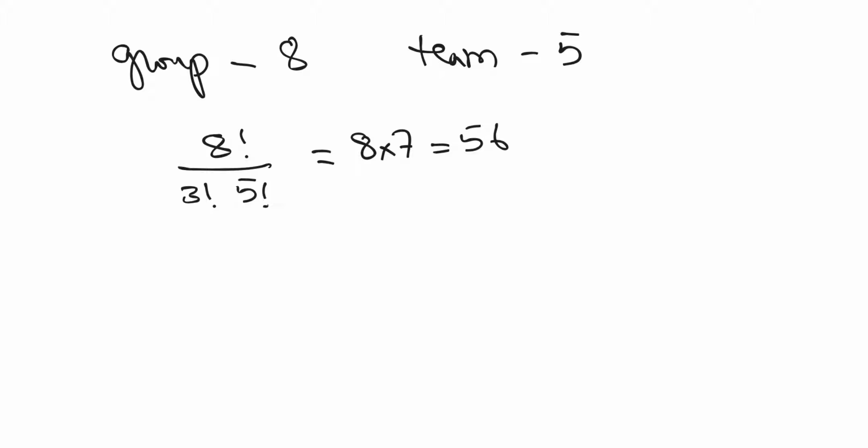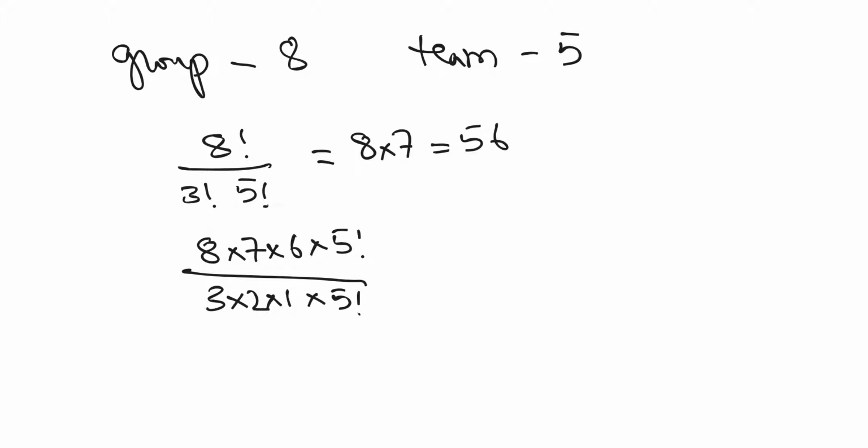And let me see what I am doing here. So this is 8 times 7 times 6 times 5 factorial, and I have 3 factorial. I'll make that 3 times 2 times 1 times 5 factorial, and this 5 and 5 going out, 3 2 going out, and I'm left with 8 and 7, right?